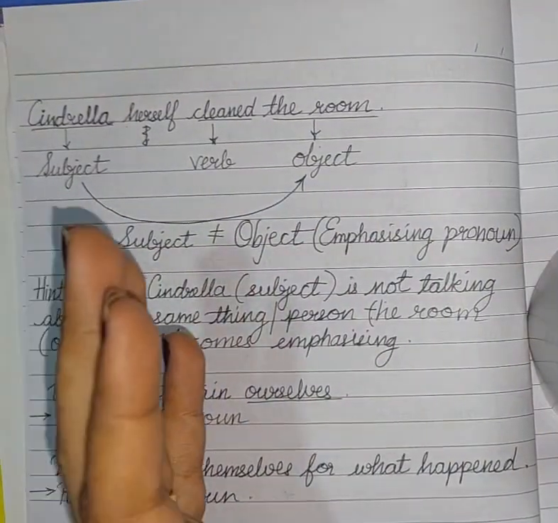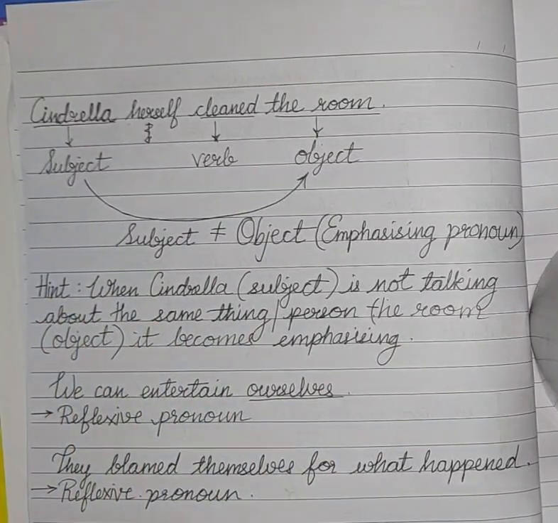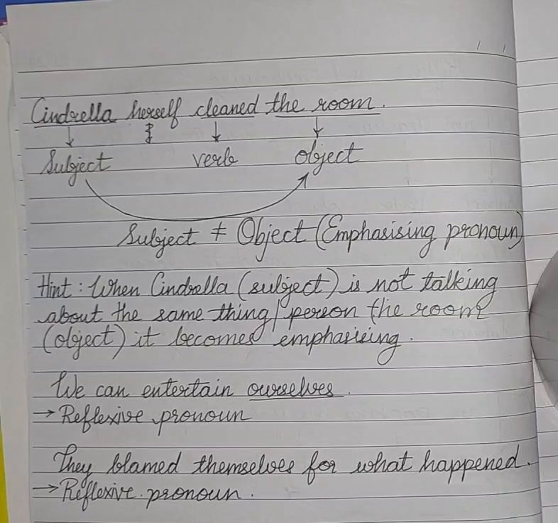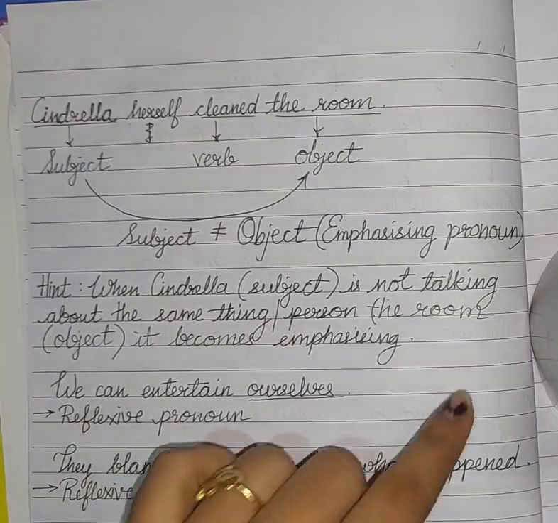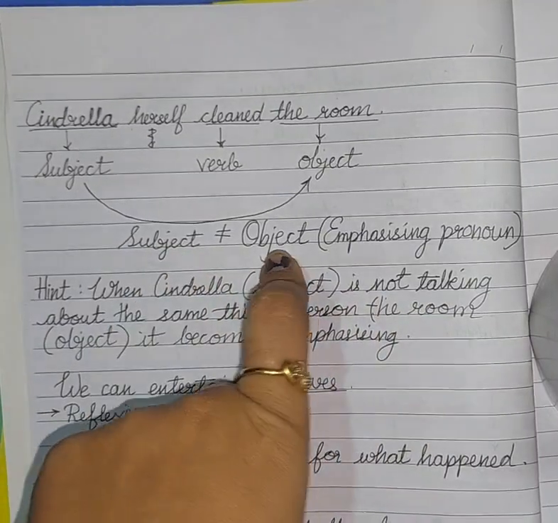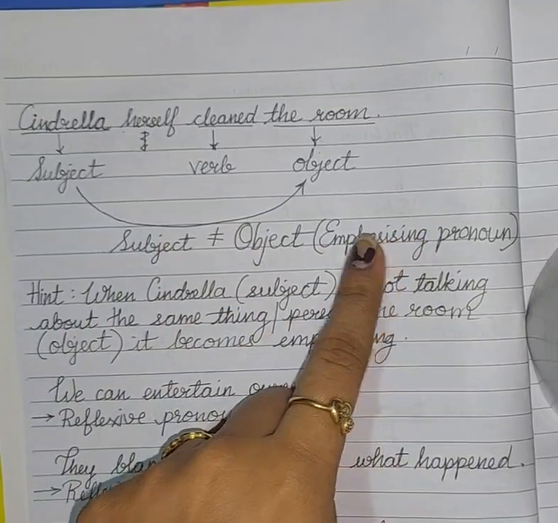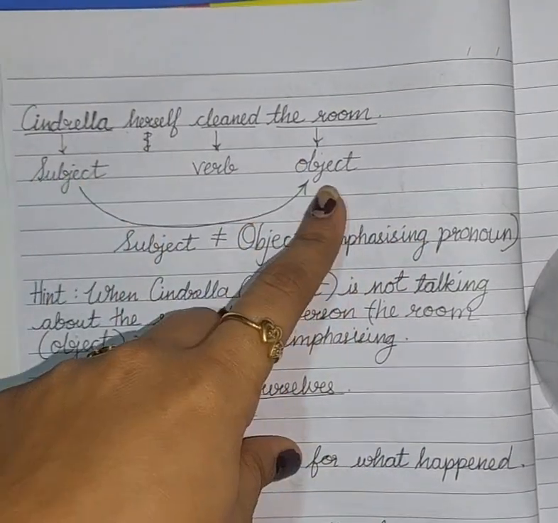Always remember this thing. Whenever you see a sentence which asks you whether it is a reflexive or emphasizing pronoun, first mark the subject, verb and object. Okay. So when subject is not equal to object, now Cinderella is the room. Can we say Cinderella is the room? No. Right? We are not talking about Cinderella only. Right?